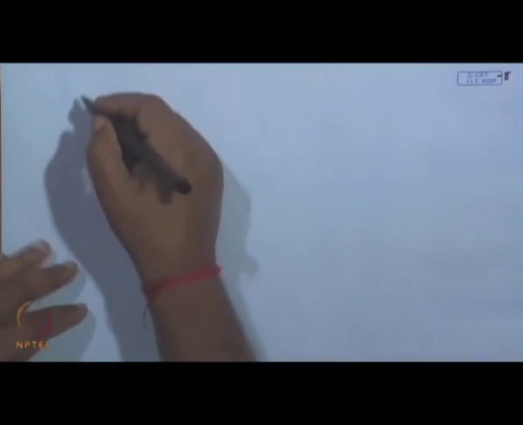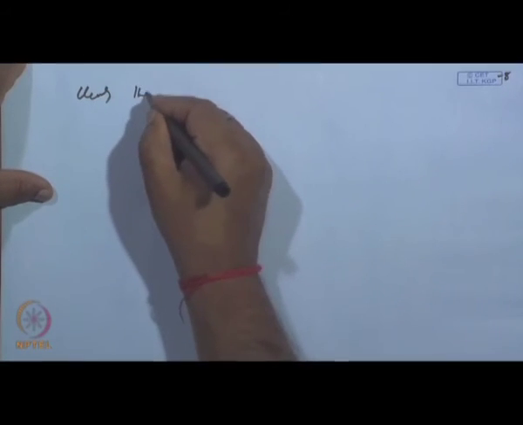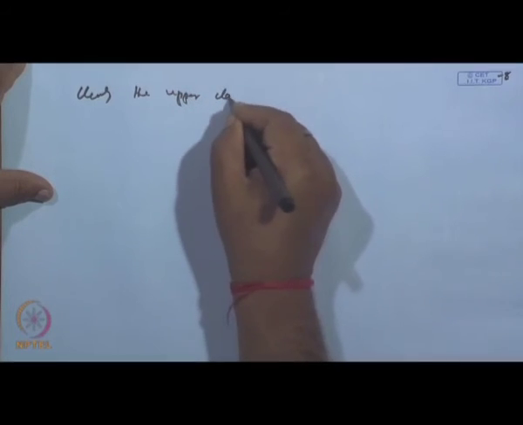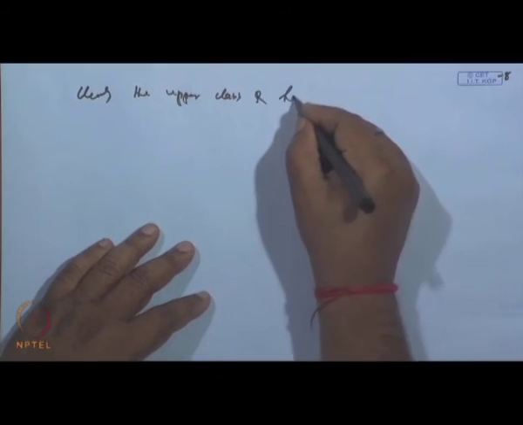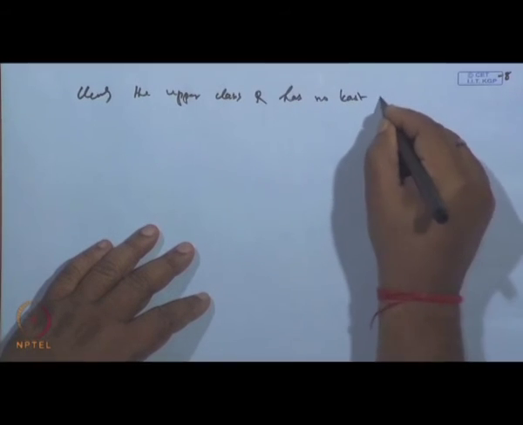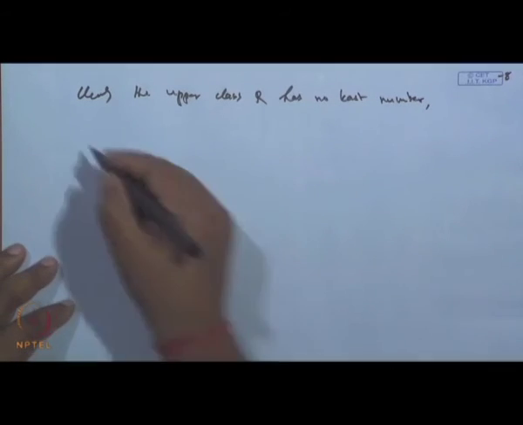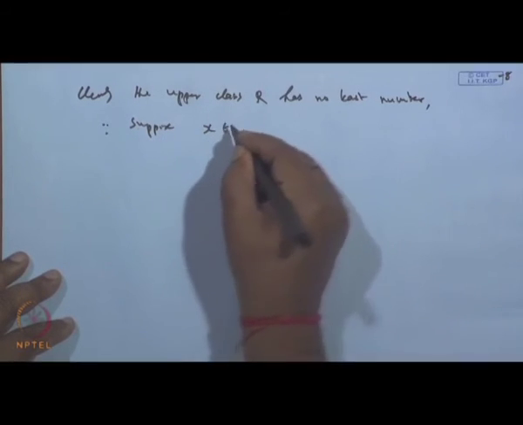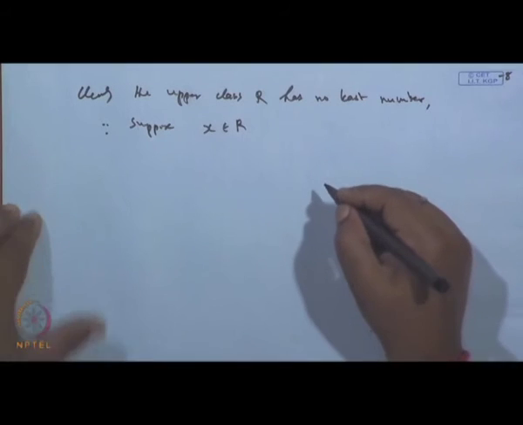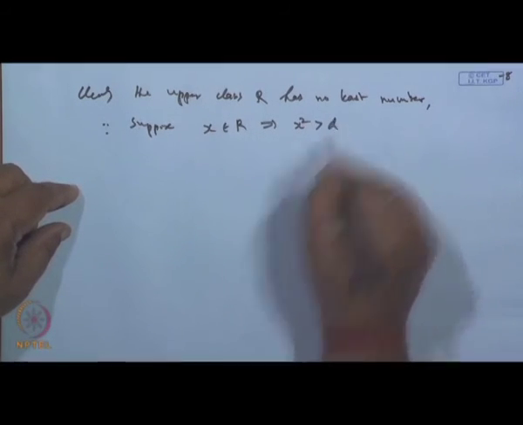Okay. The upper class R clearly has no least number, because suppose x belongs to the upper class R. By definition, this implies that x square must be greater than d.